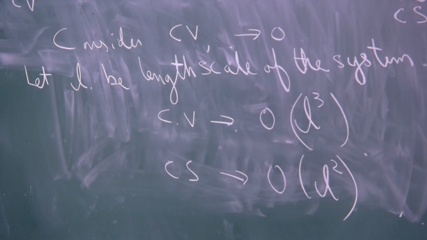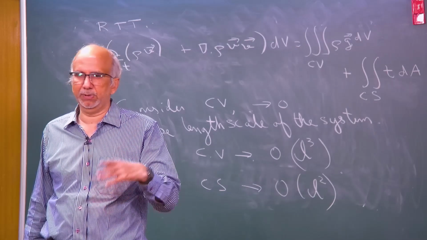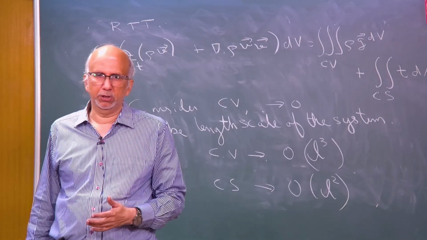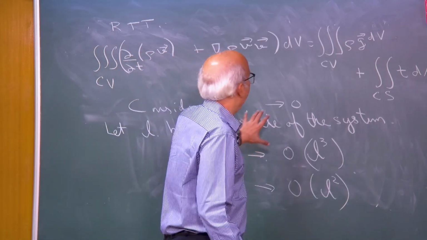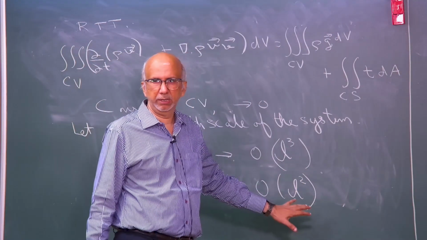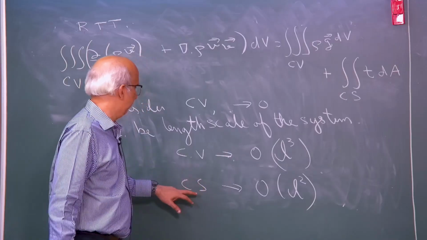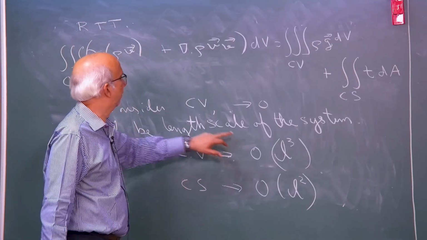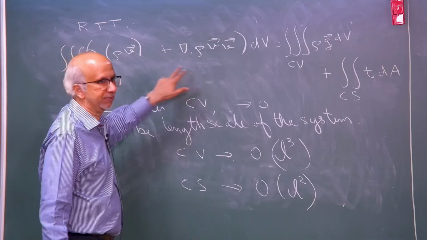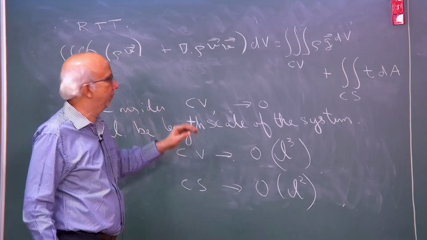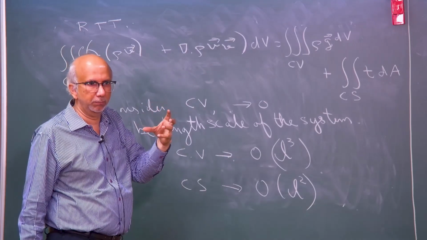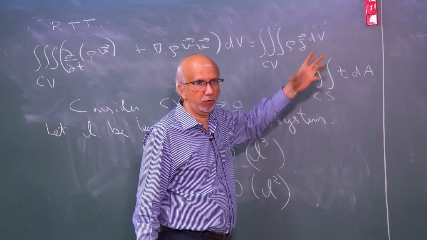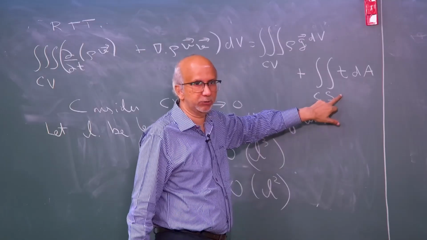We are talking about infinitesimal quantities, epsilon, very, very small, 10 power minus 5, 10 power minus 20, whatever epsilon you want to choose. So, if the control volume is going to scale as L cube, then all these quantities, for a small control volume, will be whatever this quantity is multiplied by a volume which is of order L cube. This is also a volume integral of order L cube. This is of order L squared.